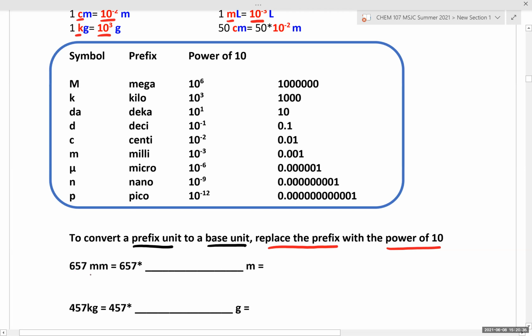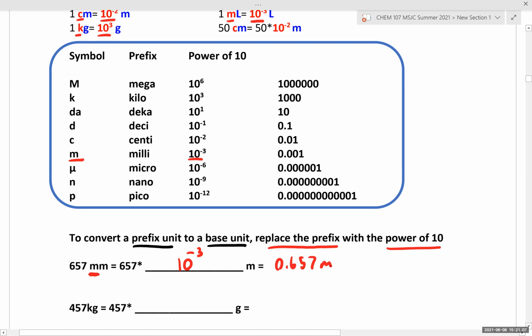So 657 millimeters, the milli prefix corresponds to 10 to the negative third. So if I wanted to convert millimeter to meter, all I have to do is replace the milli prefix with 10 to the negative third. So that would give me 0.657 meters.